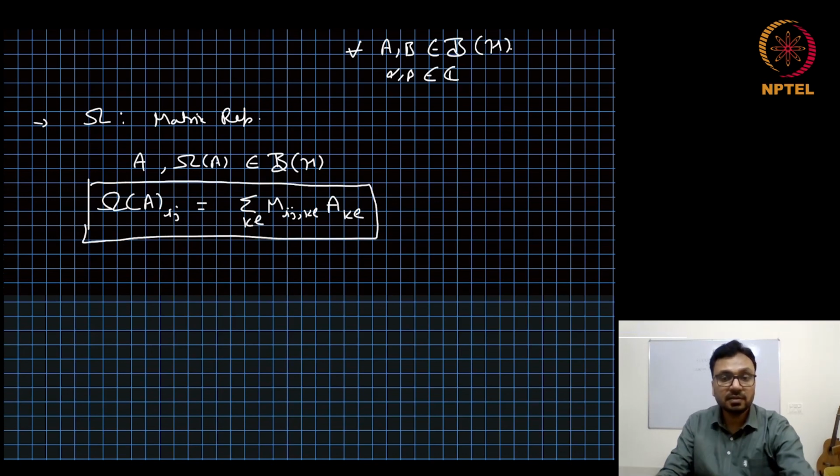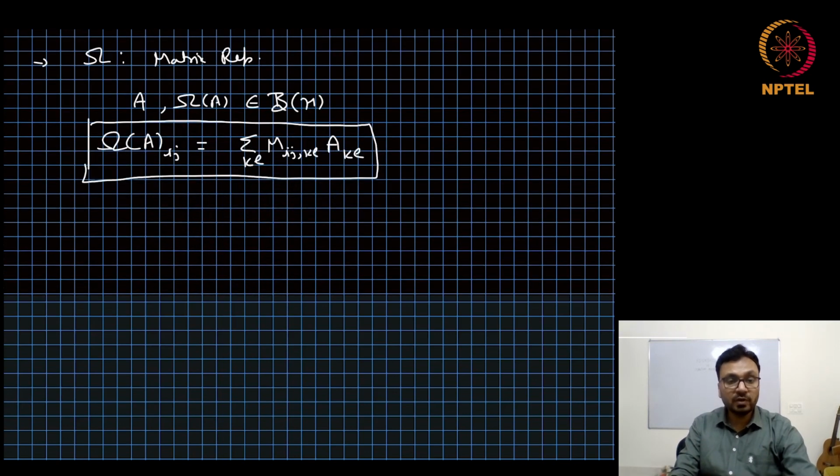So this is one way of representing the action of omega on a matrix A. So M will be the matrix representation of omega.